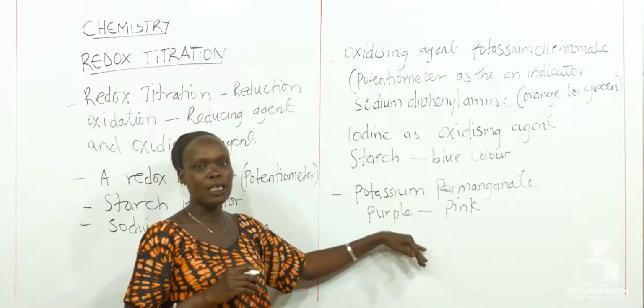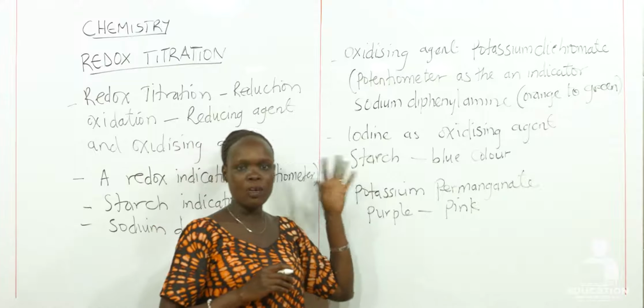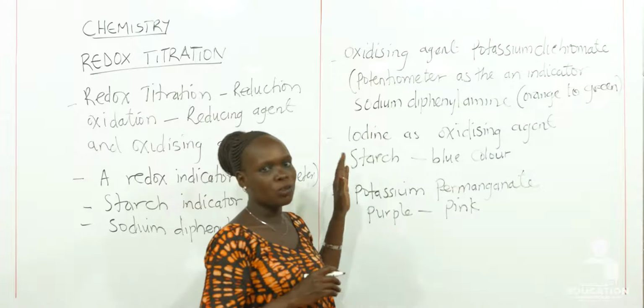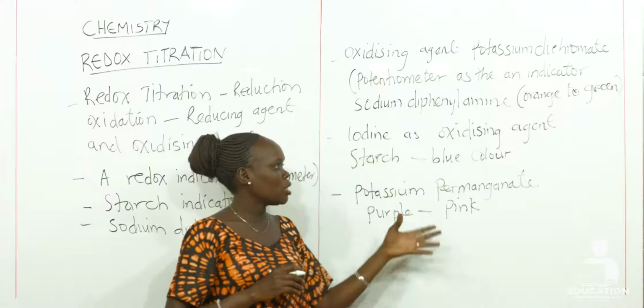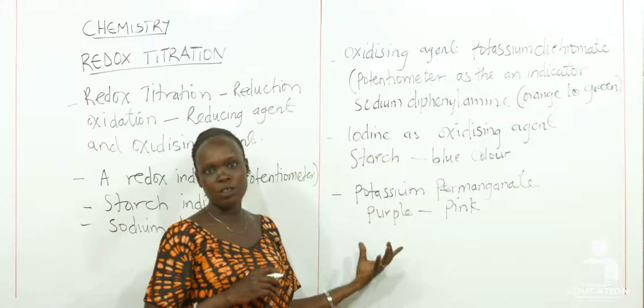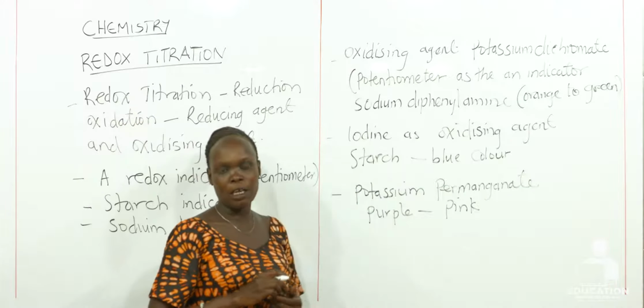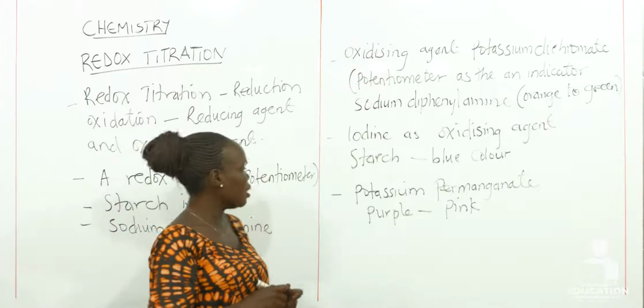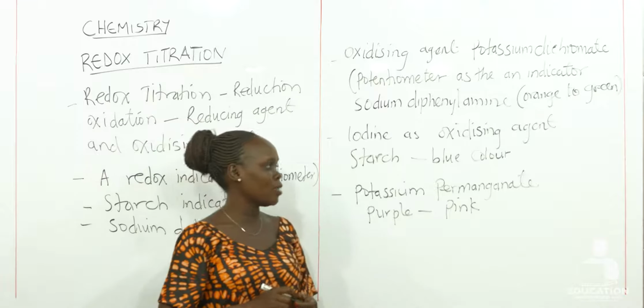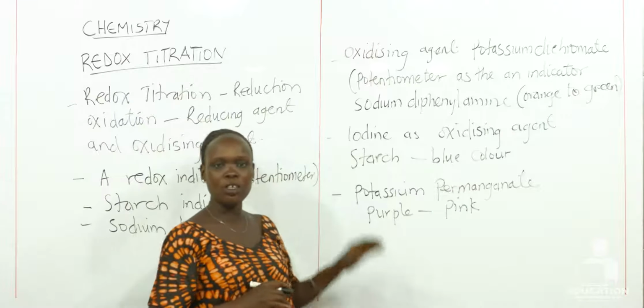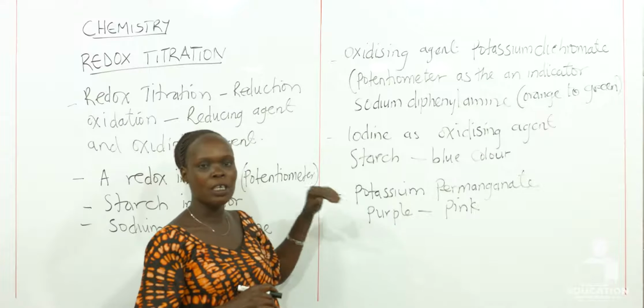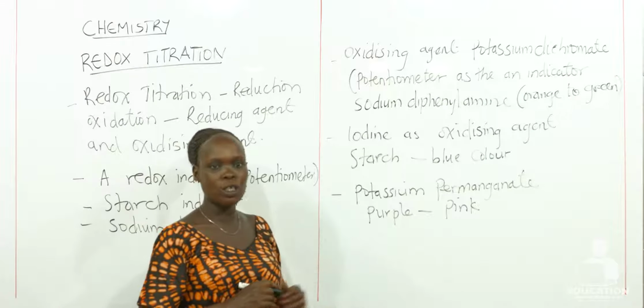So in redox titration, there are titrations where we use an indicator, and those where we cannot use an indicator, as I've already listed. When you see that potassium permanganate is one of the reagents in the titration, it means you are not going to use an indicator.